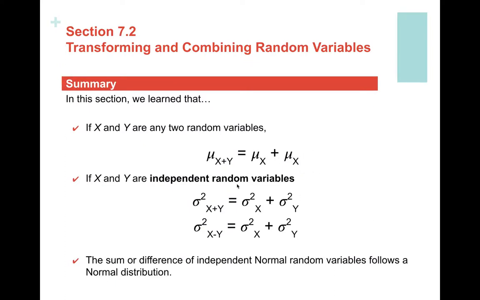These are rules that you need to learn, and the key is that when you're combining two independent random variables x and y, even if you're combining by subtracting, variances add. That's the key thing to remember. Variances add, not standard deviations. Variances don't subtract, variances always add.